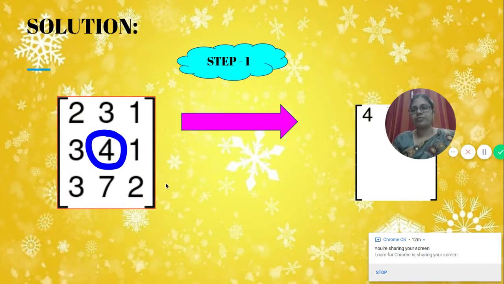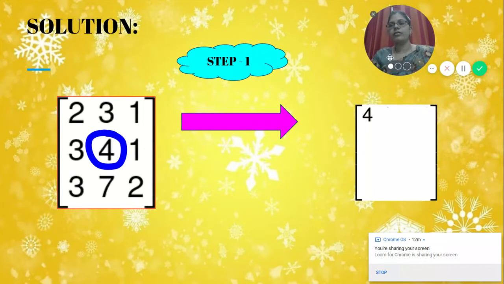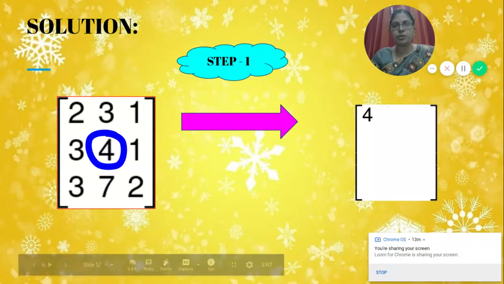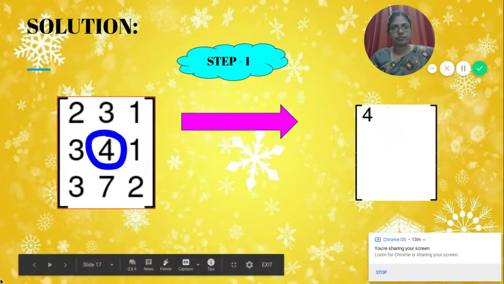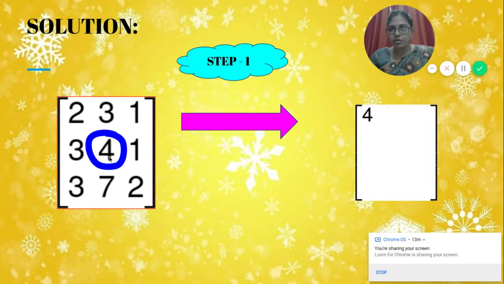The first step in this method is to transform the 3 cross 3 matrix into a 4 cross 4 matrix. So my first step is to take the center element of the 3 cross 3 matrix, that is A22, and write it in the first row and the first column of the 4 cross 4 matrix.